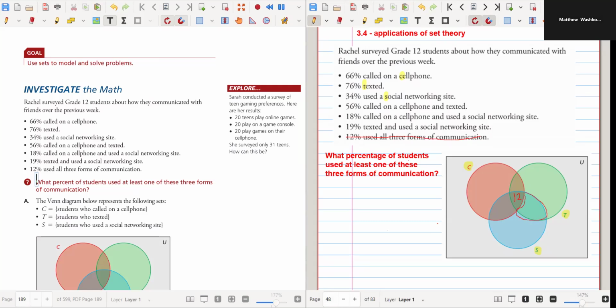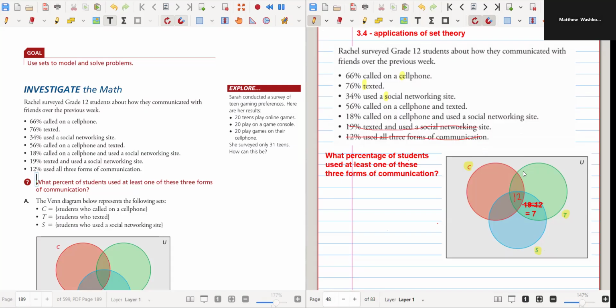You have to remember though, this 19 is people who texted and used social media, but at least 12 of these also use all three. So it's not actually 19 that goes in there. I'm not going to write this every time, but just for this example, it's 19 minus the 12 people who all use it. Actually, it's 7 in this case.